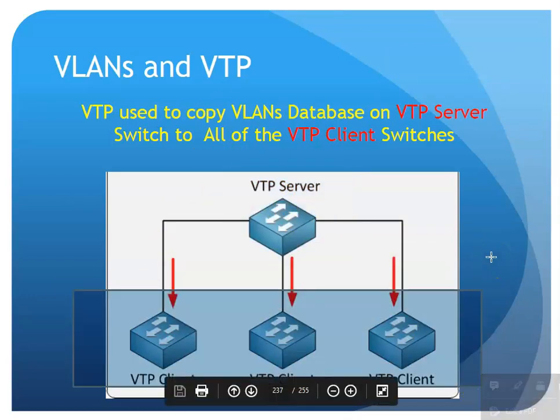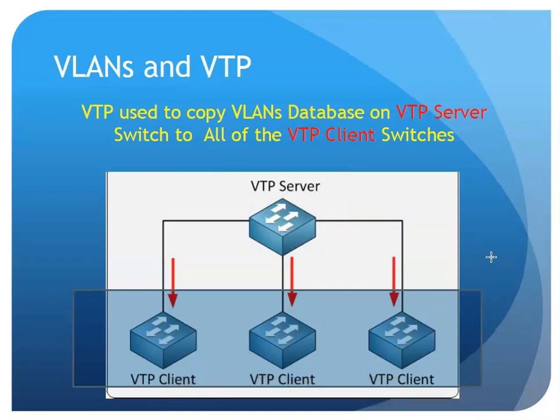So if I think of HAC's Harrisburg campus, maybe the main switch is in the student center. For all the other buildings, I might do a similar VLAN structure for wired users, wireless users, and IP phones. I might do that same VLAN database table on all the other switches in the buildings.